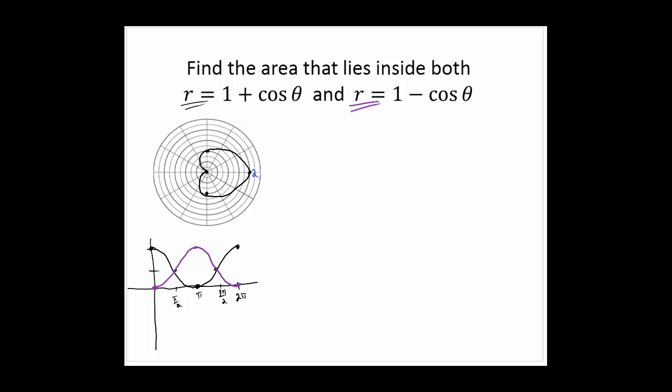All right, and in purple, 1 minus cosine theta starts at 0, increases to 1 at pi over 2, it continues to increase to 2 at pi, and I sort of see the picture here. It's going to do something like that. So the area that lies inside both of these would be this region.